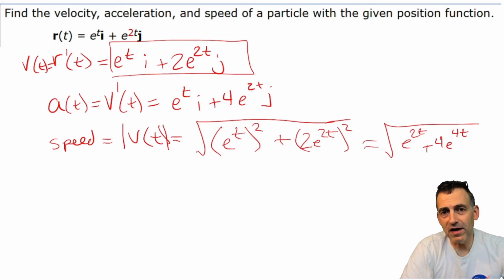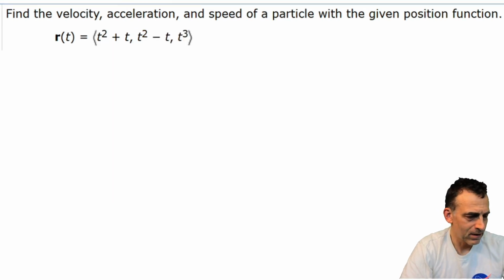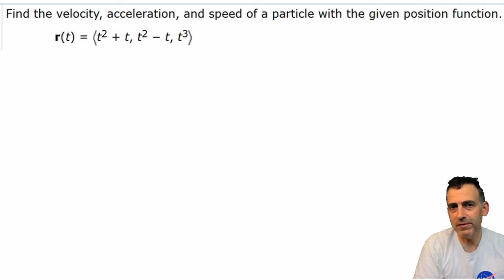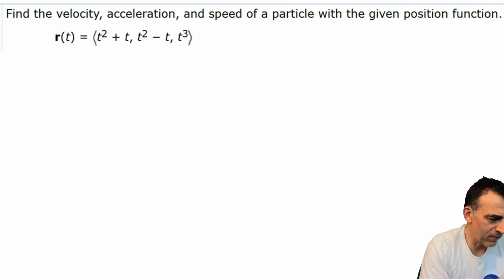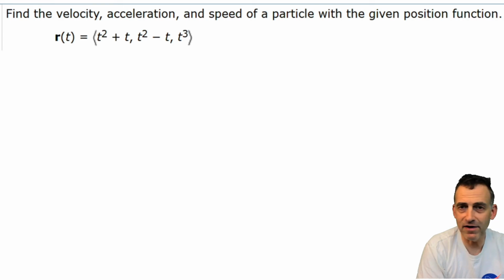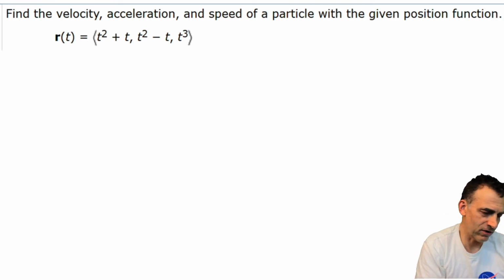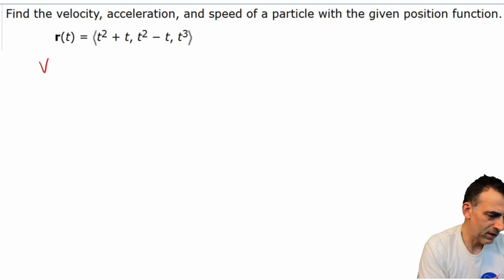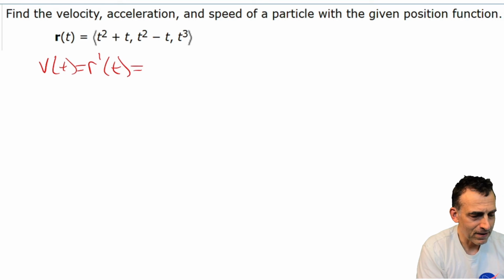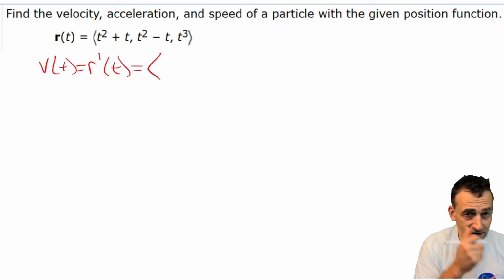Let's do one more example, and then we'll take a little break for the next video. So here's another example where we're looking for velocity, acceleration, and speed. So you should be good at this now. And I've got this written as a vector function in component notation, which is totally fine. So v of t is r prime of t, and we can do this right inside the angle brackets.